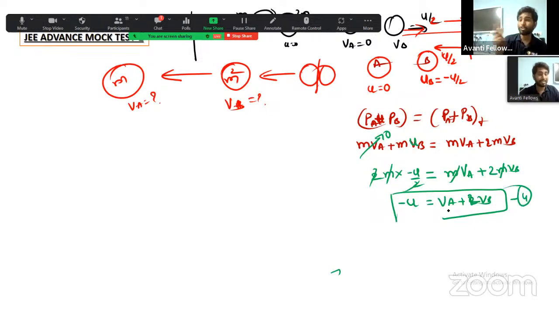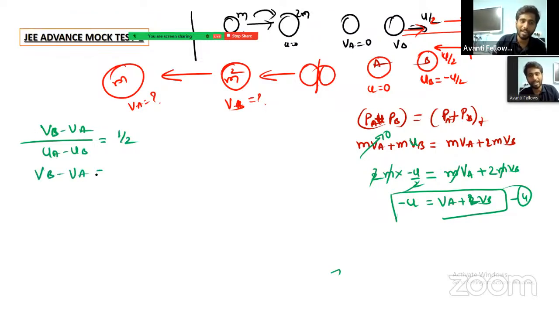Again guys, what is between these two? The coefficient of restitution is 1 by 2, right? Again we'll apply that: vb minus va divided by ua minus ub is equal to the coefficient, again 1 by 2. Now vb minus va equals, see here, what is the value of ua? 0, the initial velocity here, leave it.